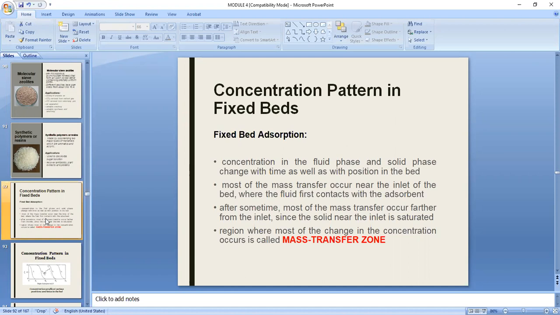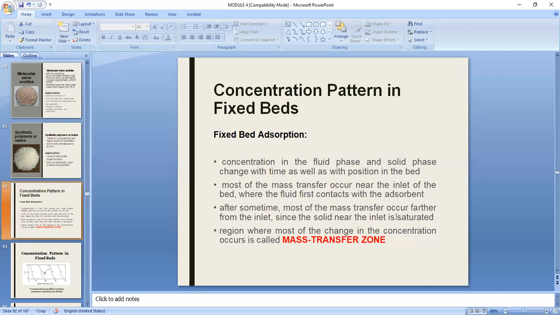So in our language, all the exposed surface of our adsorbers at the inlet part has been used, so it cannot absorb components anymore from the phase that is being processed. That is why most of the transfer occurs in the part farther from the inlet, because the adsorbers at the inlet portion are already saturated.